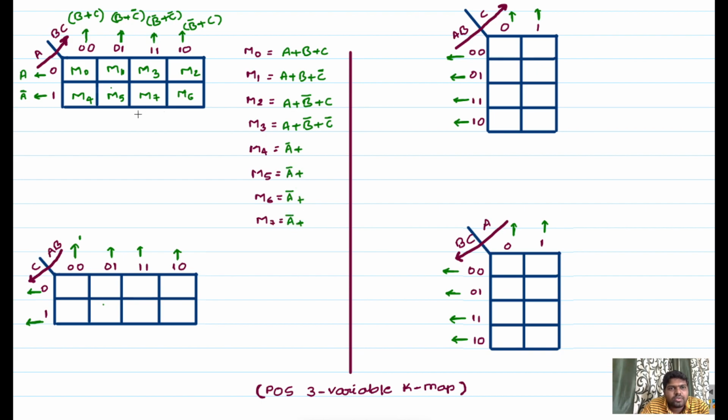Next for M4, the remaining parameters are B plus C, so you add B plus C. Next M5 is associated with A bar as well as B plus C bar. Already I took A bar, so now we take B plus C bar. Next for M6, B bar plus C, and next M7, that is A bar plus B bar plus C bar. So these are the sum terms.